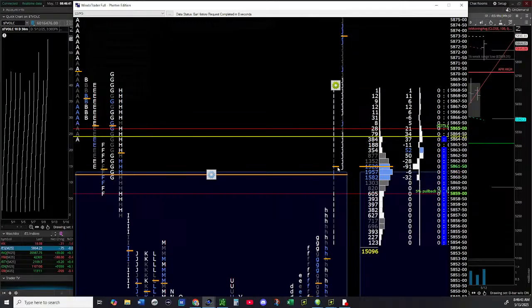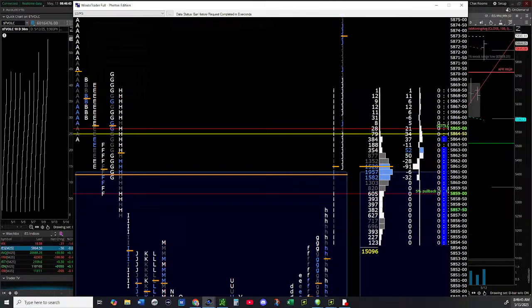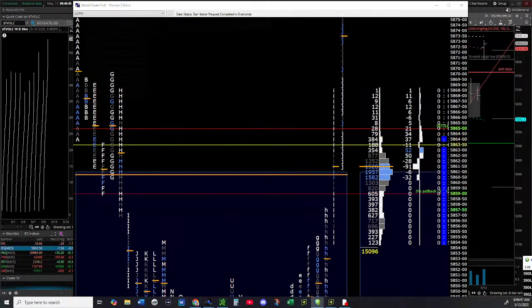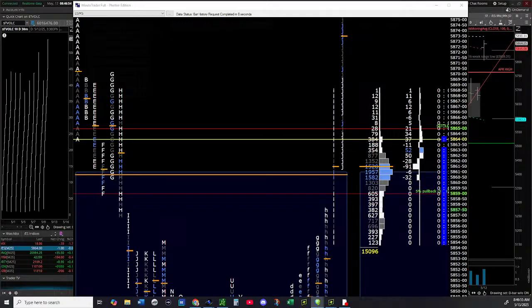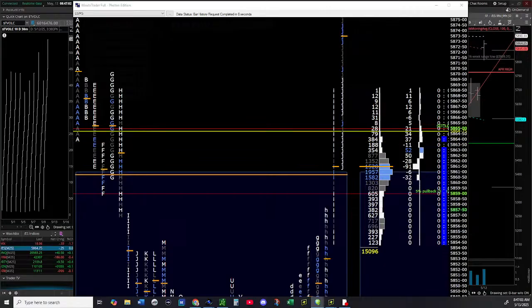Right? You can use this, or if you want, if you have Sierra, let me duplicate my chart. Okay, duplicate chart, so I can bring it up as well.